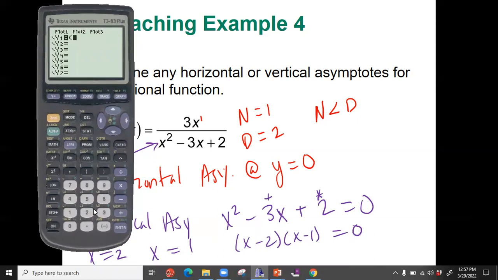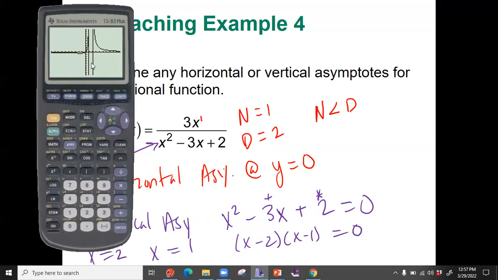Remember, when you're putting in the graph, you want to protect your numerator and protect your denominator by using parentheses. So when I hit graph, see how my curve approaches along the 0, and then it goes up, approaching 1, but it doesn't touch 1.